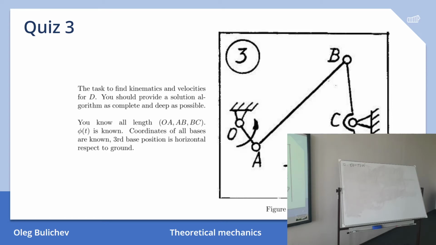TB is fixed. And D moves. D is like this slider. D is a slider. It moves forward.